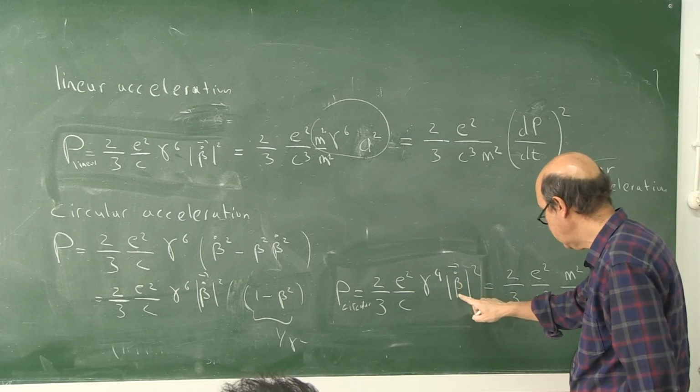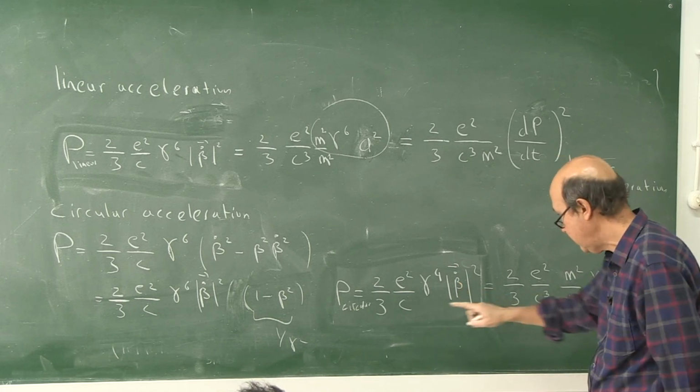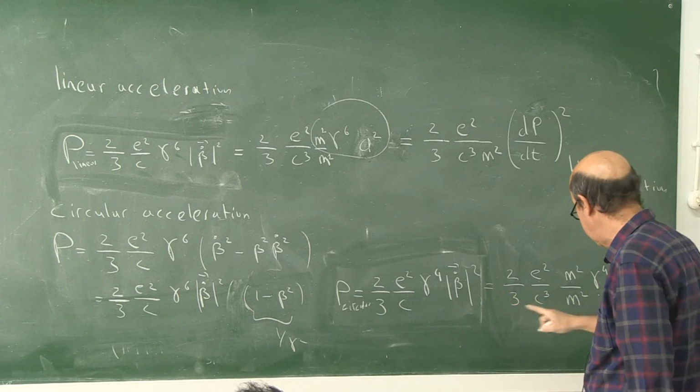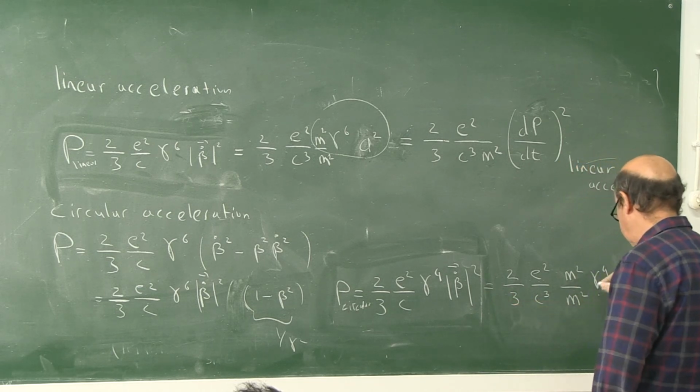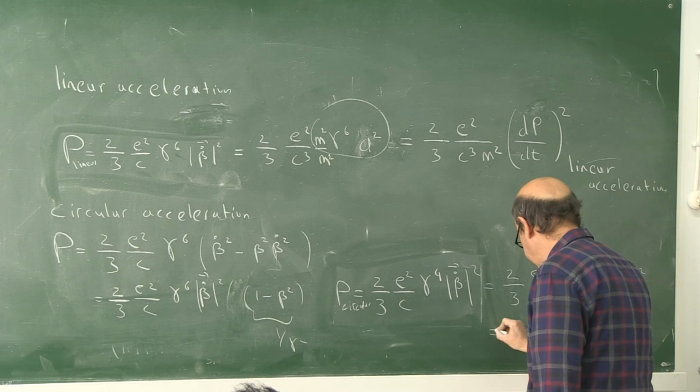So beta dot square brings us c square, this makes c cube, and you obtain this.